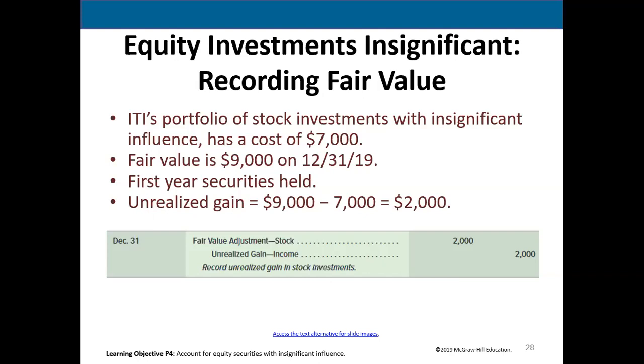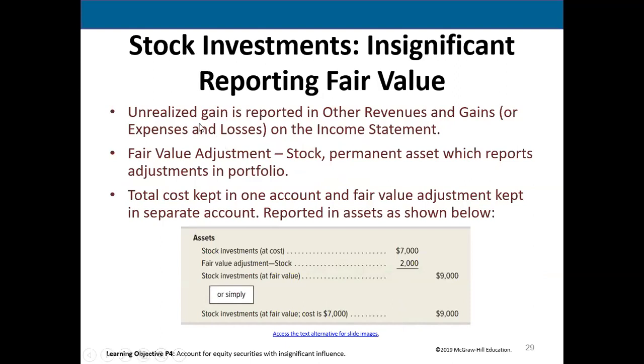So we'll add the debit of $7,000 in the stock investment account to the $2,000 in the fair value adjustment account to report it on our balance sheet. And there's how we report it. So remember, unrealized gains and losses, whether it's the debt trading or the equity insignificant influence, are always reported in other revenues and gains on our income statement, that other section.